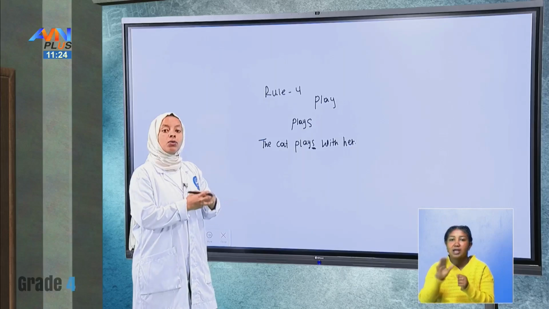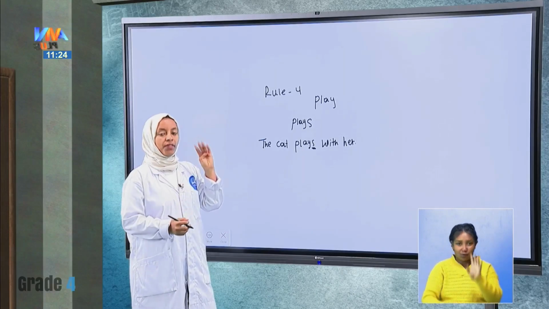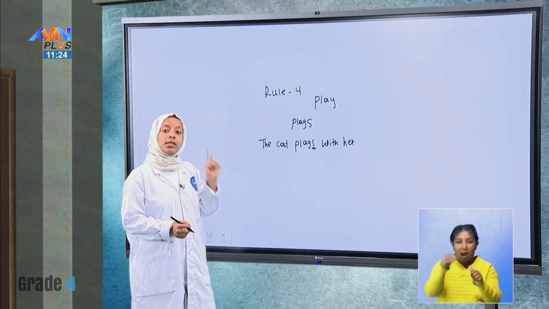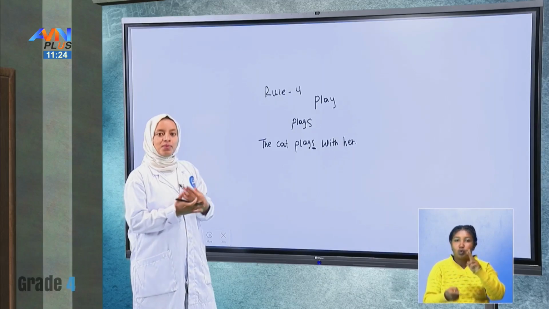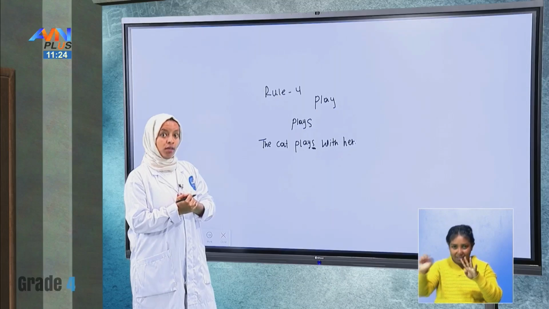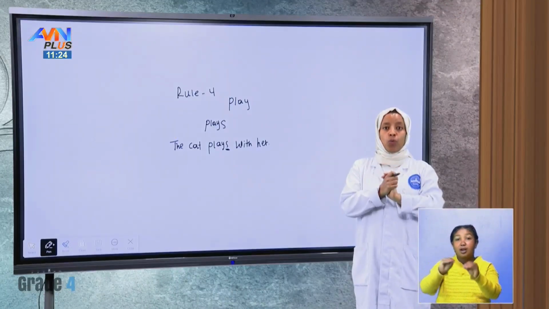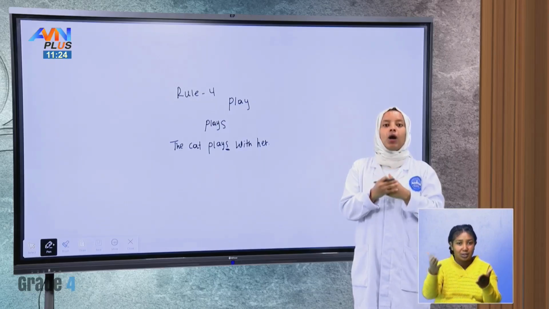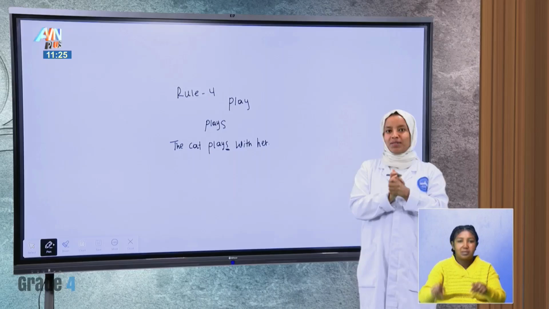This is rule number 4. How many rules I told you already? 4. The first one is adding only S. The next rule, IES, ending with Y, like study and try too. Students, let me show you one thing and I'll give you some activities to practice simple present tense.